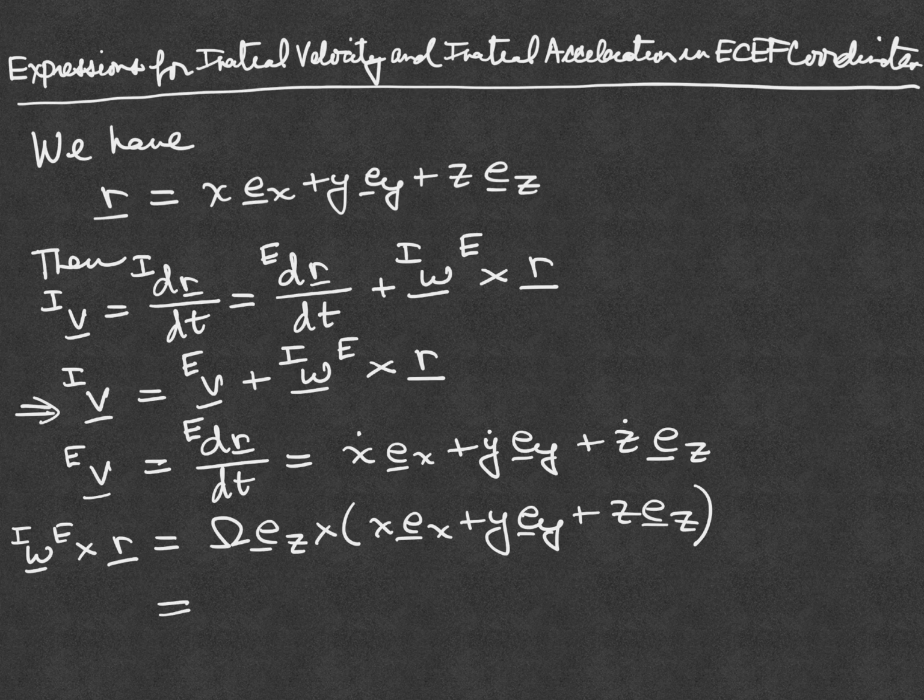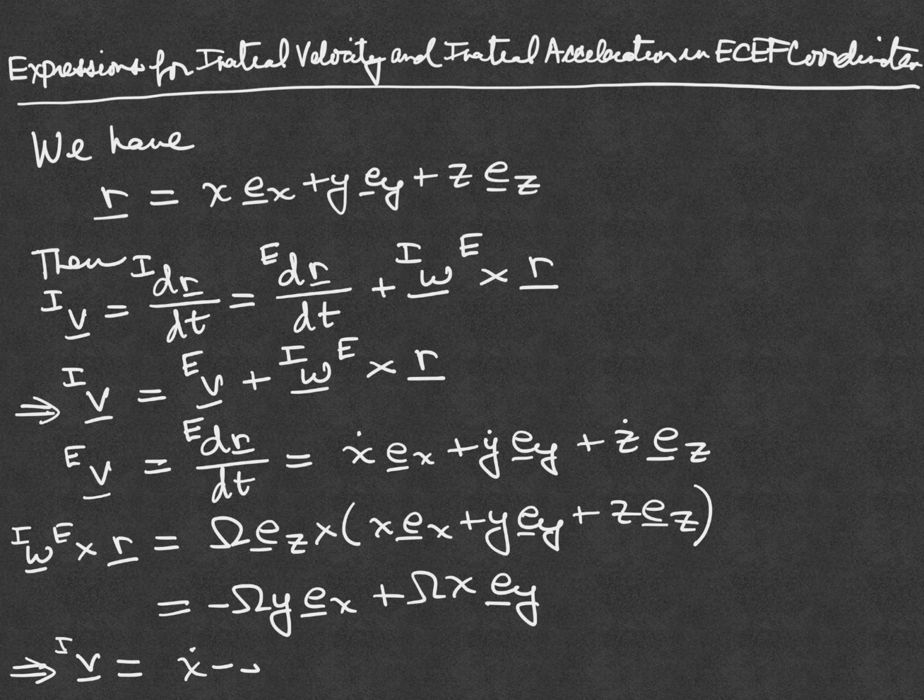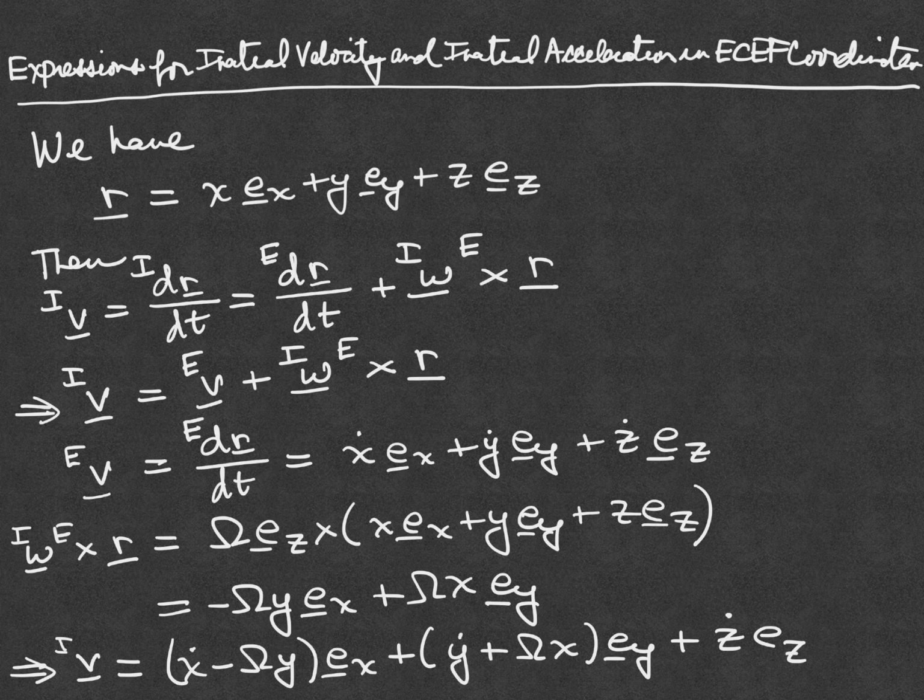So that's equal to, well, EZ crossed with EX is EY, and EZ crossed with EY is minus EX. So we get minus omega Y EX plus omega X EY, and then EZ crossed with EZ is 0. So that implies that the inertial velocity is equal to, well, let's add these terms together. We've got x dot minus omega y times EX plus y dot plus omega x EY plus z dot EZ.